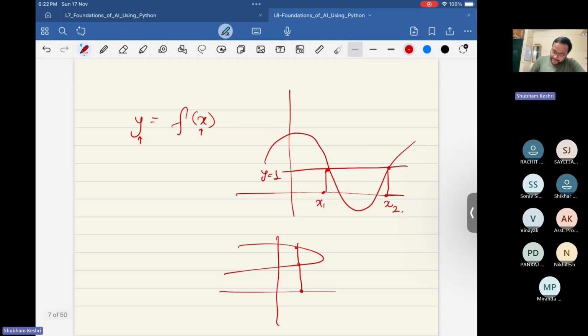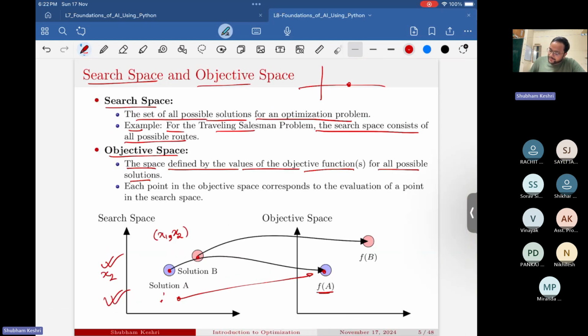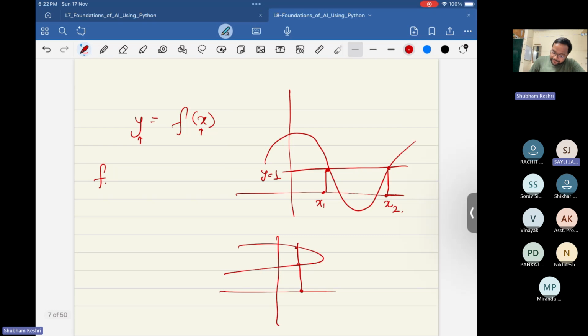What is happening is, you see, a function. So you have two objectives, right? Objective 1 and objective 2. Suppose h1 is objective 1, a function of x comma y. I'll not write f because I'm using f as a function.